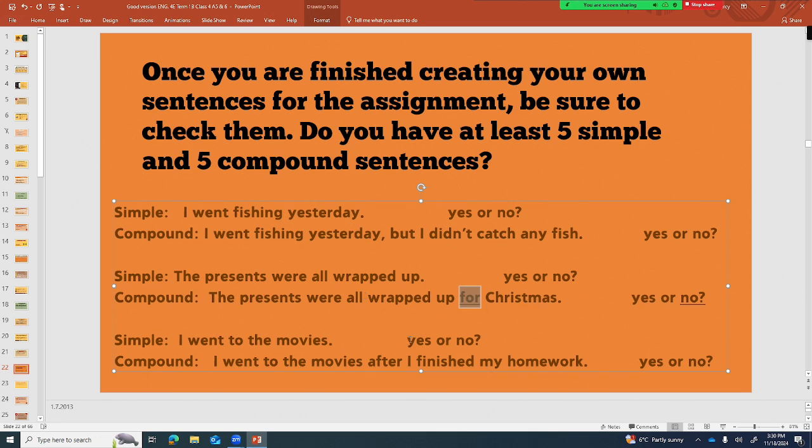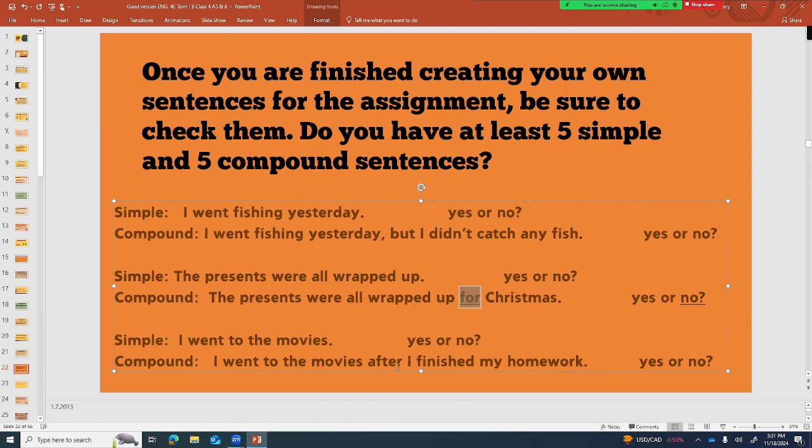Simple, I went to the movies. Yes or no? I is the subject, went is the verb. Yep, that works. Compound, I went to the movies after I finished my homework. Well, we already know the first part is a simple sentence. I haven't got a comma there, so that's a problem. After. After isn't one of the coordinating conjunctions.